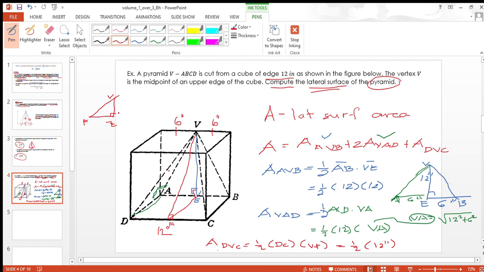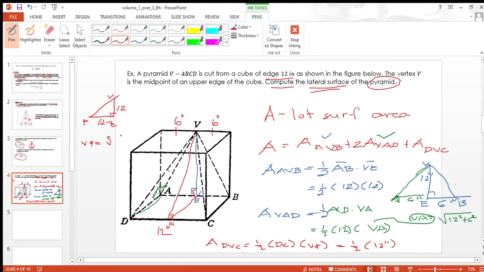VE is 12 inches. And EF is also equivalent to the edge of the cube. Therefore, VF is solvable.